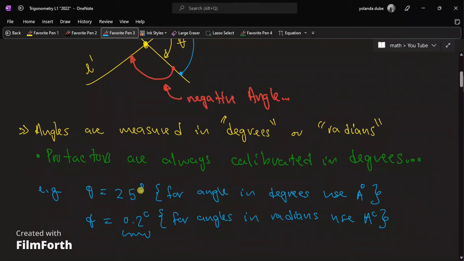And in mathematics there is this convention: if you do not write the degree symbol, we assume that whatever you're stating is in radians. So if you say just theta is 25, some examiners may penalize you for that because they think you are suggesting that the angle is 25 radians, not degrees. So be careful that you always put that symbol all the time when you're specifying angles.